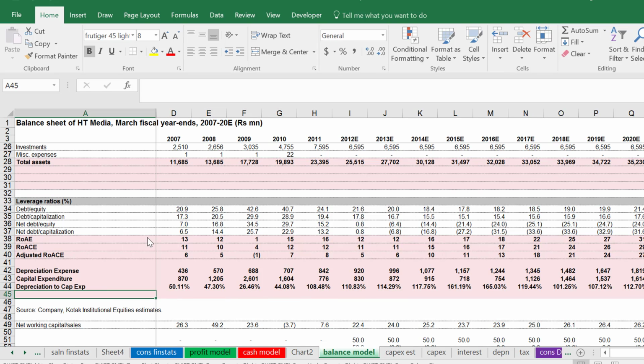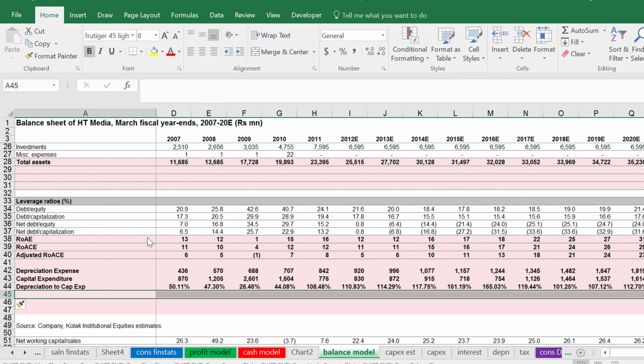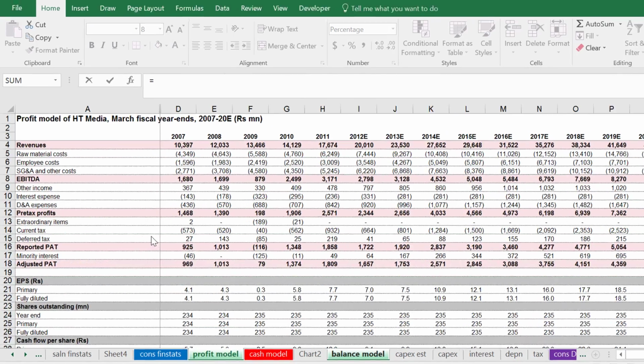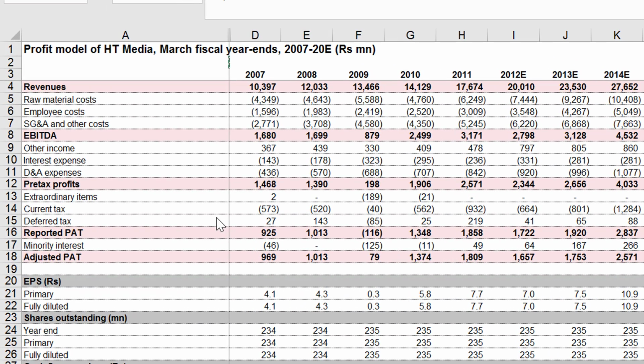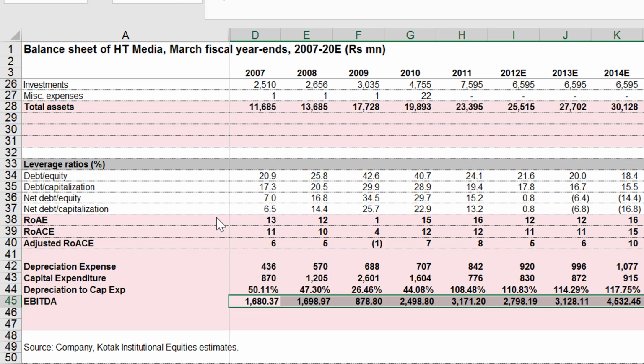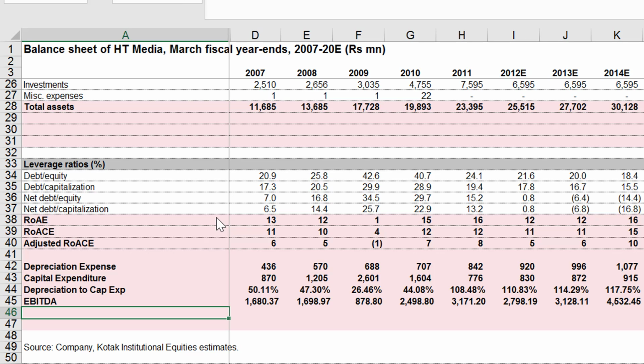Now, let's put EBITDA. And we can find that, I suppose, in the profit model. Okay, so once you do that, Shift Control 1, Shift Control R, and we can put CapEx to EBITDA.